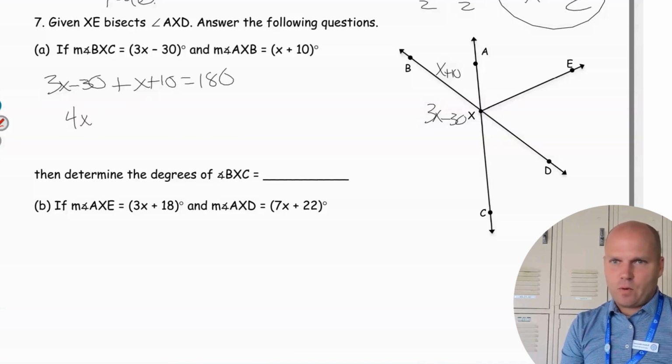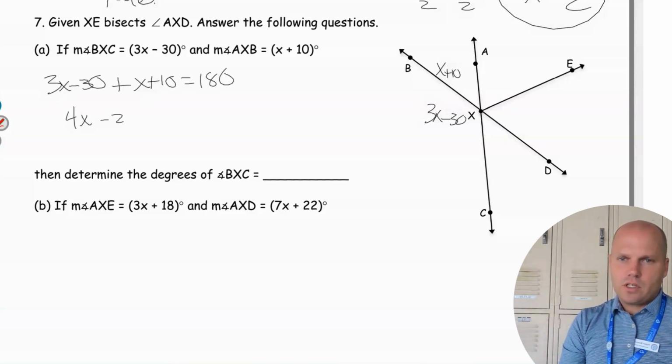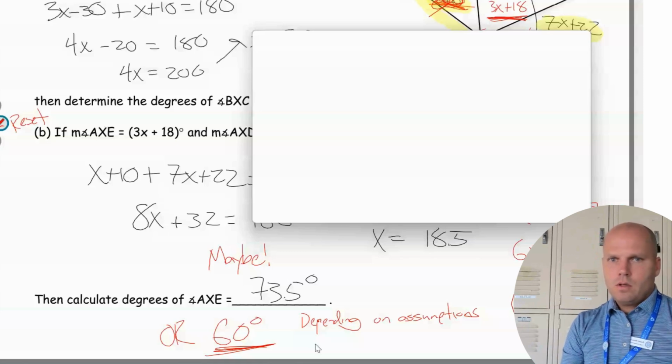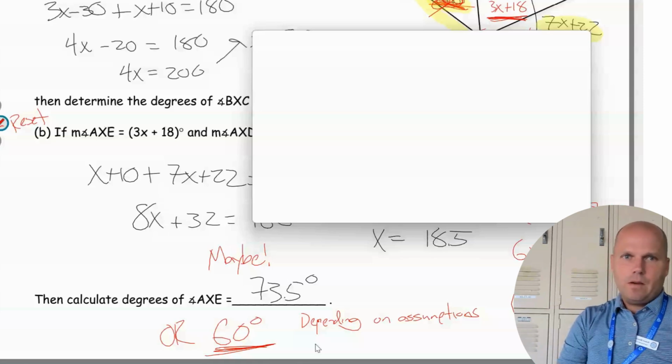Same side combined, 4x minus 20 equals 180. 4x equals 200. X equals 50. What's BXC? Okay, that's easy. 50 times 3 is 150 minus 30 is 120.